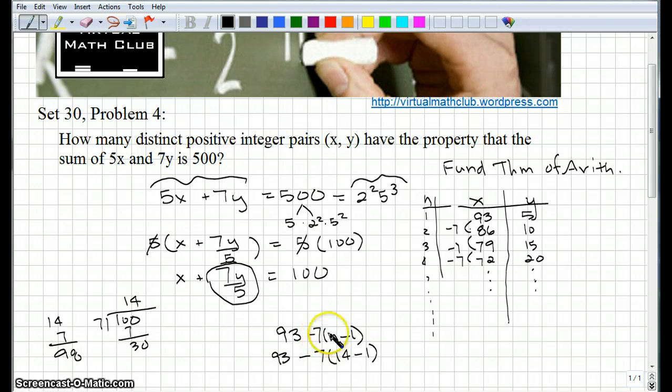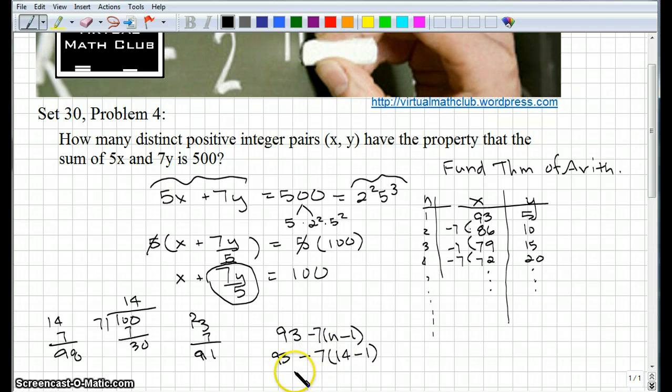Now we know that if n was 15, this would be 93 minus 98, which is negative. So let's try 14 minus 1. So that's 13 times 7, which is 91, right?